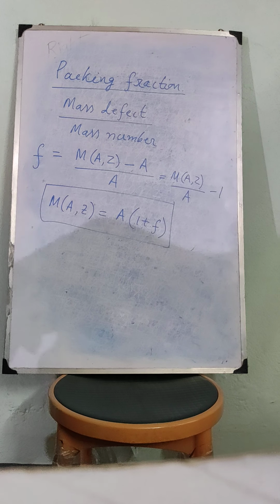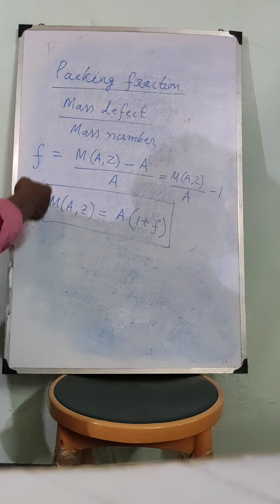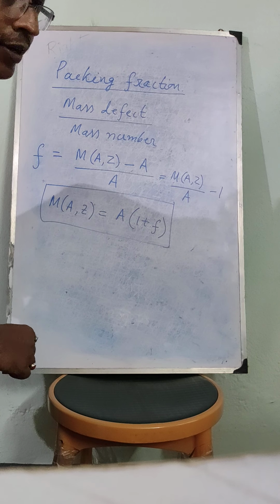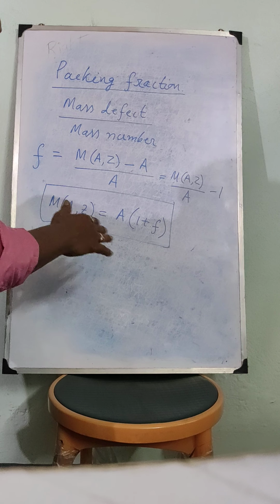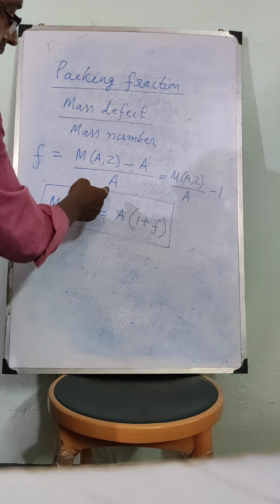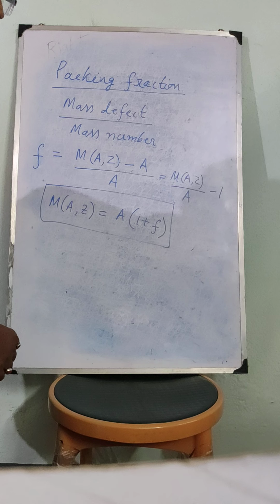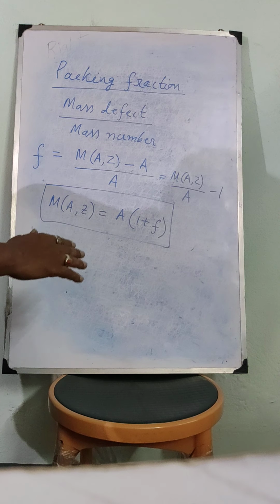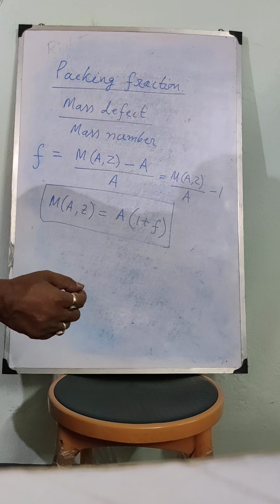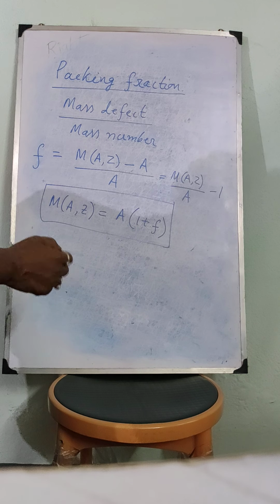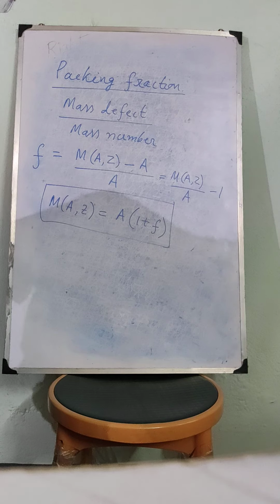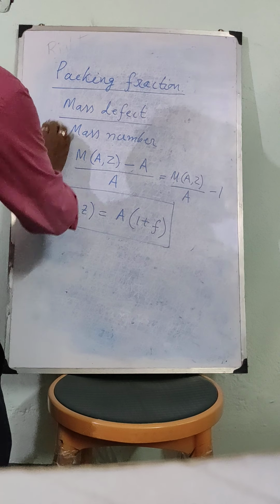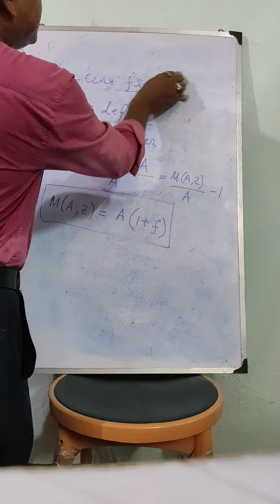Okay, now it is seen that packing fraction is positive for very light nuclei and it becomes negative when the mass number A is greater than 20, and it attains a minimum value when the mass number is closely equal to 60, and then it gradually increases, and when the mass number is 180 it becomes positive again.